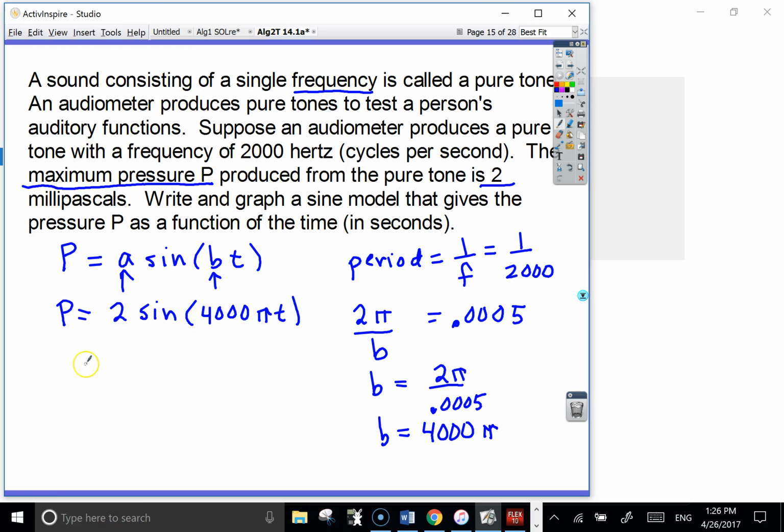If we were going to graph it, we would need an amplitude of 2, so it goes from negative 2 to 2. We already know the period of this is 0.0005.